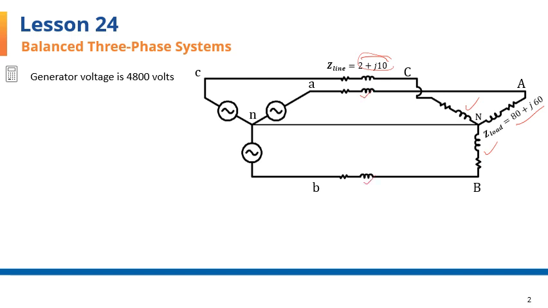The generator voltage is given as 4800 volts. We're asked to find the line currents IA, IB, and IC, and the load voltages VAN, VBN, and VCN.